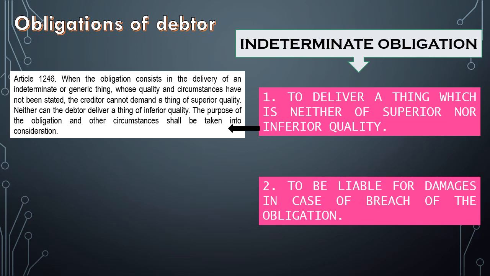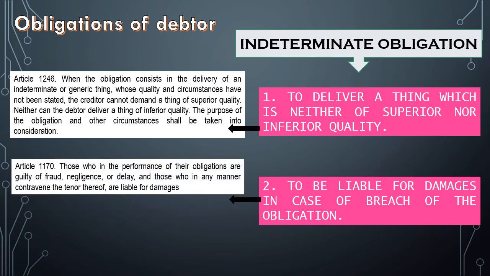Second, the debtor is liable for damages in case of breach of the obligation. Sabi natin that there are two kinds of breach, and that is your voluntary and involuntary. Pag voluntary, pag ang involved is indeterminate or generic thing, si debtor is liable because of Article 1170.